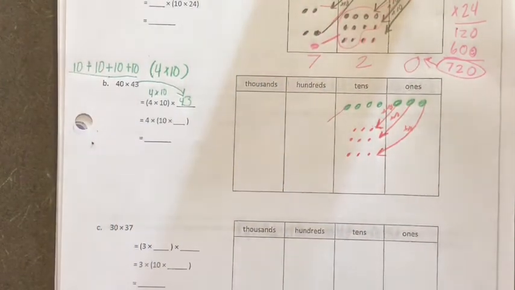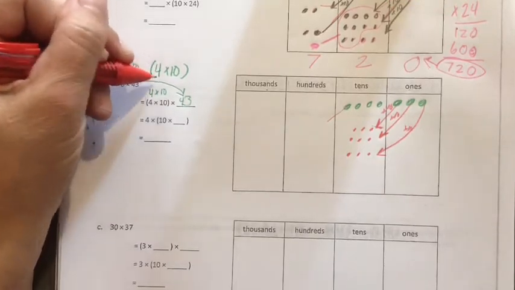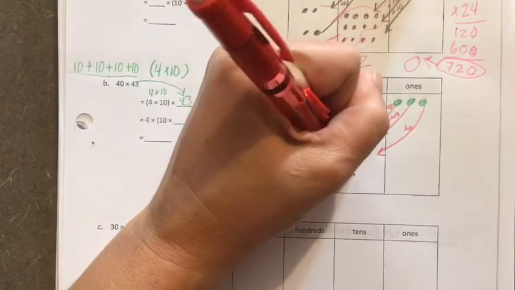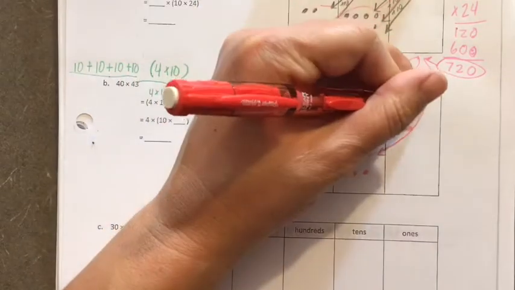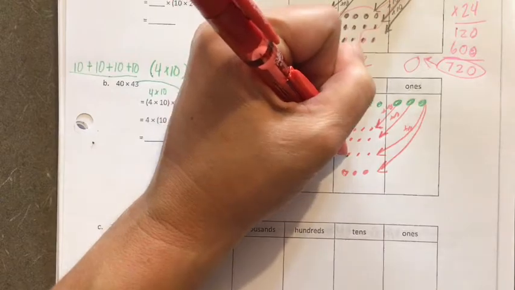But I have to do it one more time because it's times 40, not times 30. So I've done it 3 times now. Nope, 4 times. 1, 2, 3, 4.